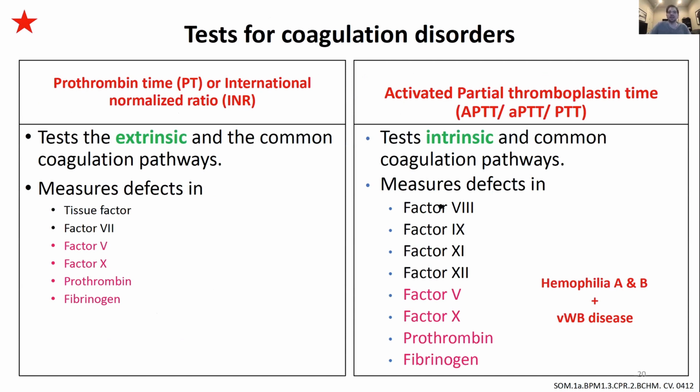You can think of anything in the intrinsic pathway, technically the common pathway. It can be hemophilia A or B. And it could also be von Willebrand's disease. Now, von Willebrand factor correlates with factor 8, but remember, if it's von Willebrand's disease, not only will you get a prolonged APTT, but you'll also get a prolonged bleeding time.